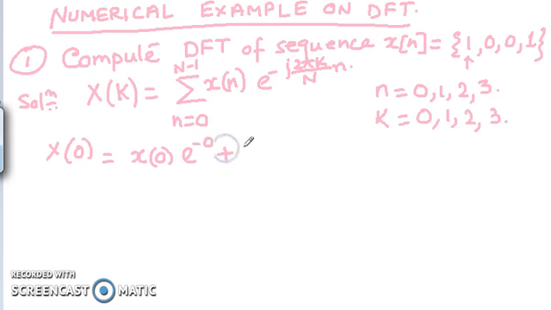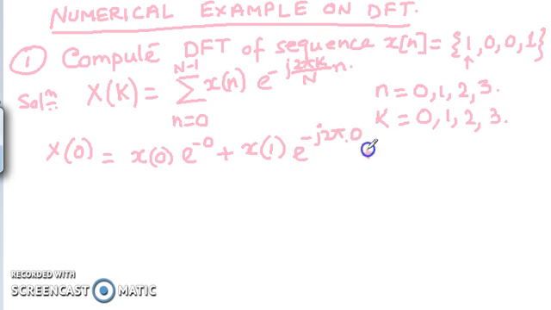Then the next part of the summation is for n equal to 1, e to the power minus j 2 pi, k is 0 and n is 1, so here also this will be equal to 0. As k is equal to 0, each and every exponent factor will be equal to 0.